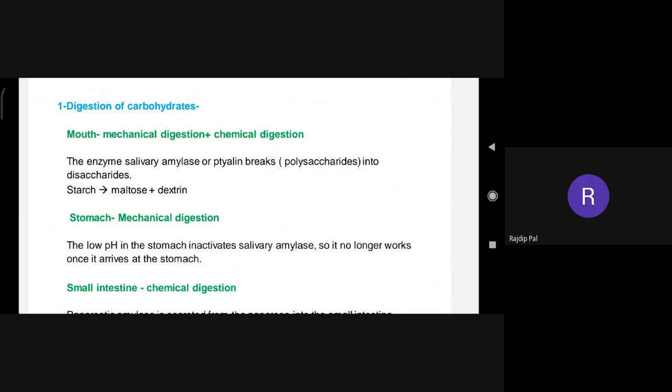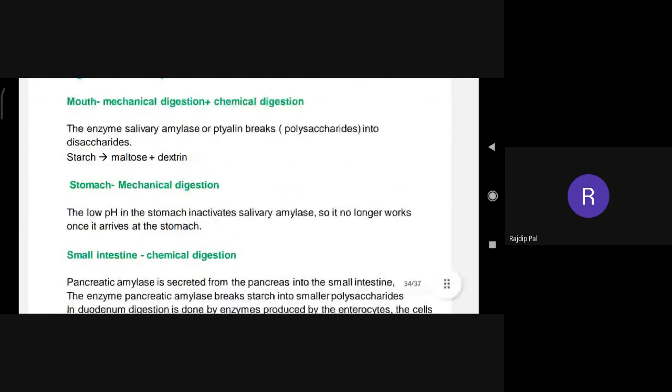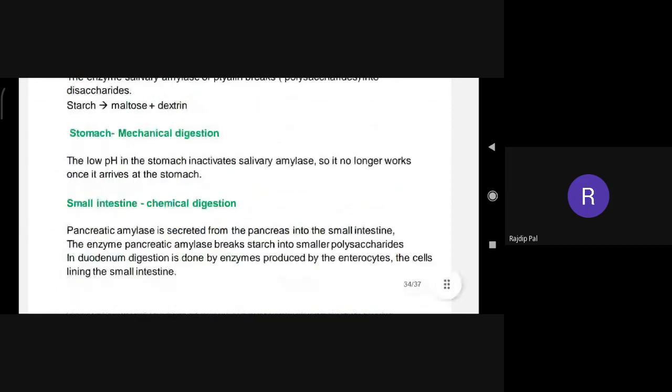These are the forms of carbohydrate. Okay, we take carbohydrate as starch, then it is broken down into maltose and dextrine by salivary amylase. Then in the stomach, the low pH inactivates salivary amylase, so it no longer works once it arrives at the stomach.